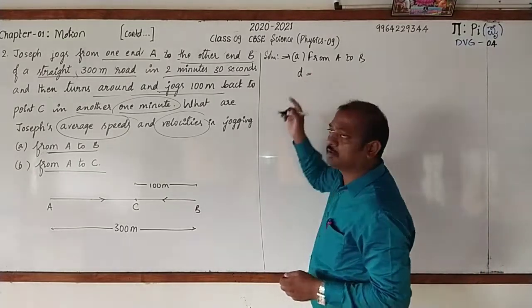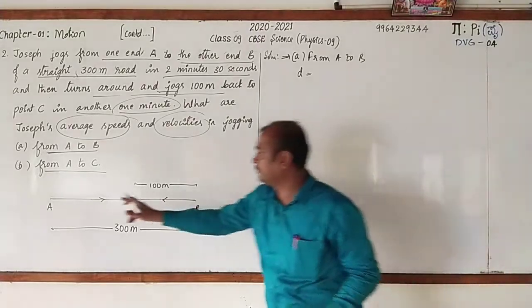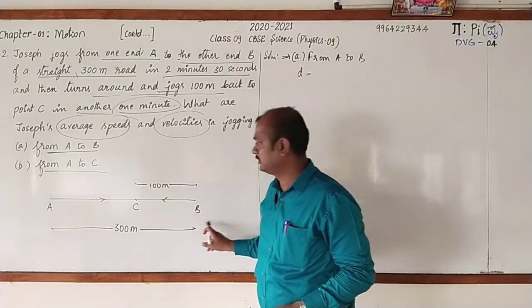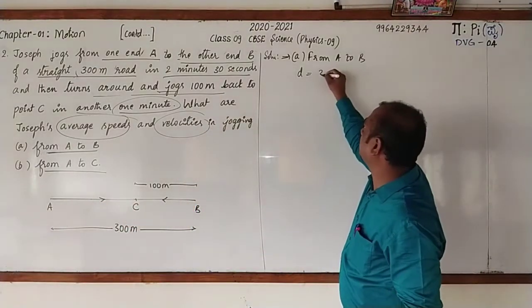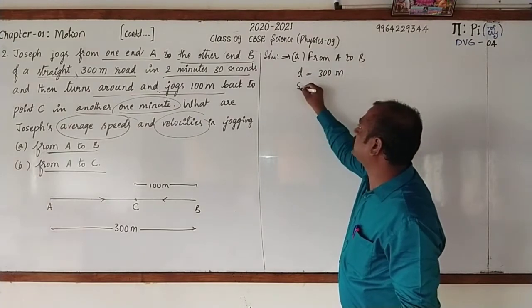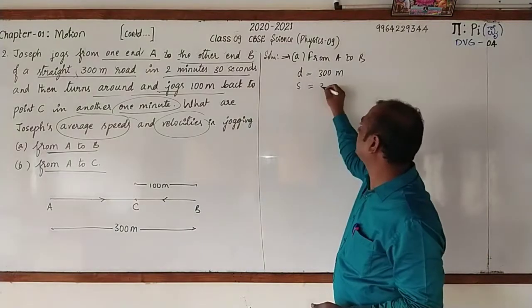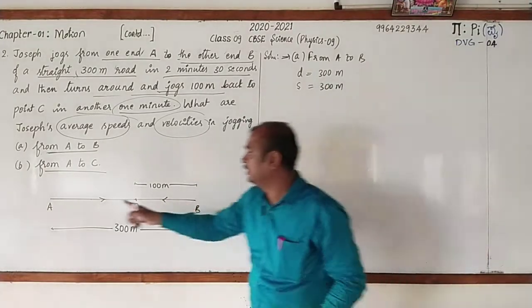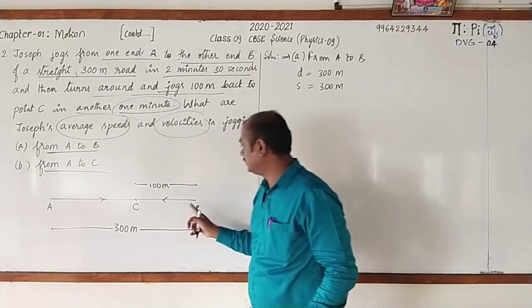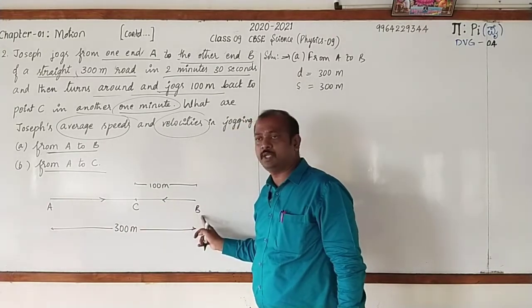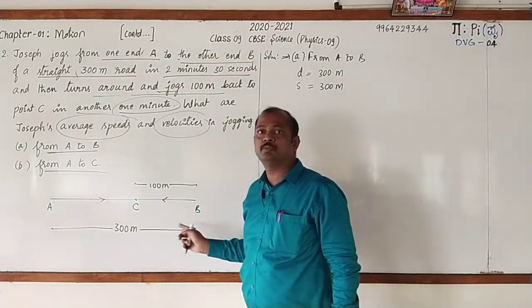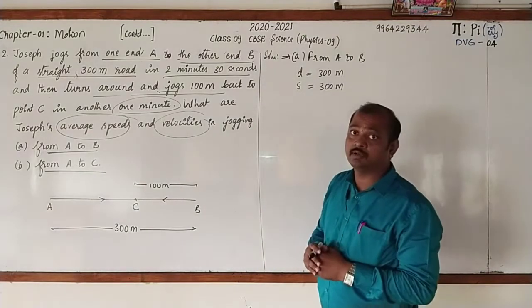What is the distance traveled by Joseph from A to B? Yes, it is 300 meters. What about his displacement? Displacement is also 300 meters. The reason is the initial position is A, final position is B. The direct distance from A to B is 300 meters.